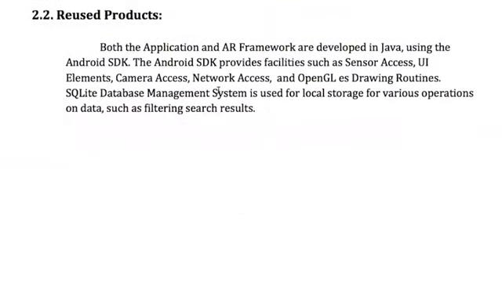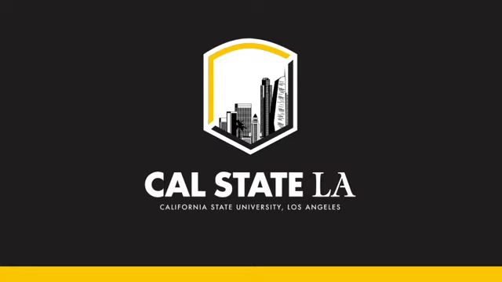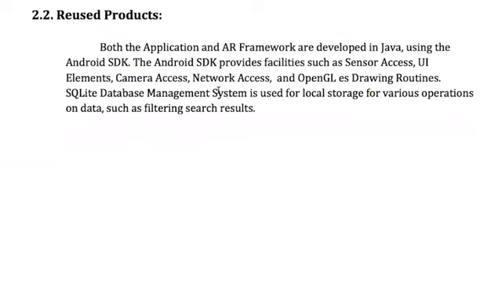Interesting. Number 2.2, both the application and AR frameworks are developed in Java using the Android SDK. The Android SDK provides facilities such as sensor access, UI elements, camera access, network access, and OpenGL drawing routines.